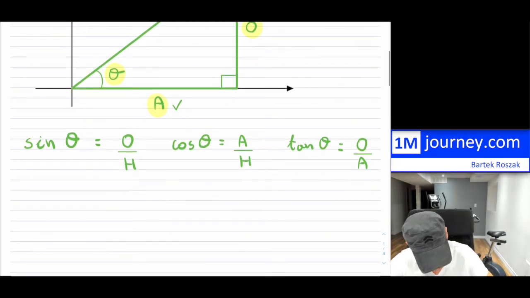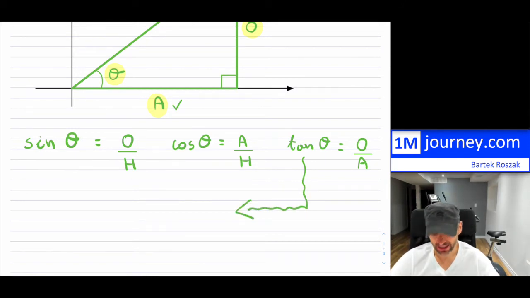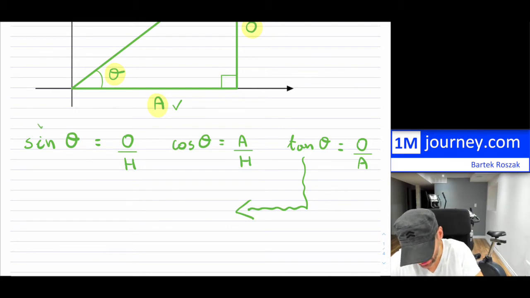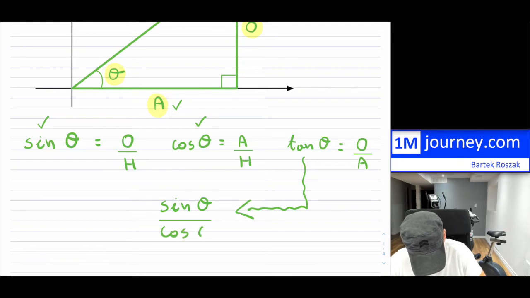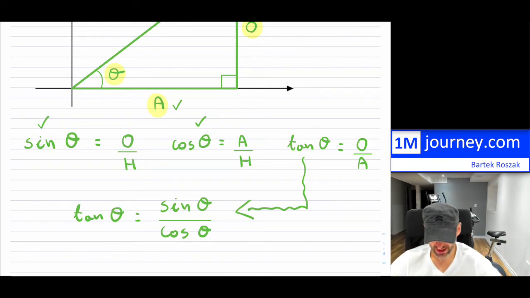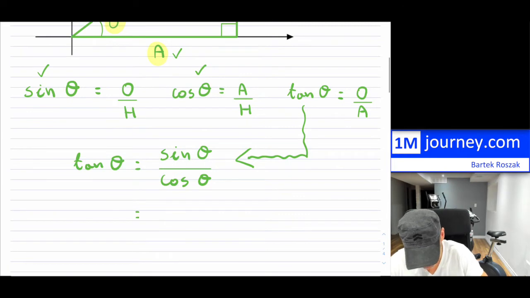Now, I will mention, which I think is worthwhile mentioning here, notice that tangent, really, if you take the sine and the cosine and you divide those two, so sine of the angle divided by the cosine of the angle, this just equals the tangent of that angle. Because if you take these particular ratios, what is sine?